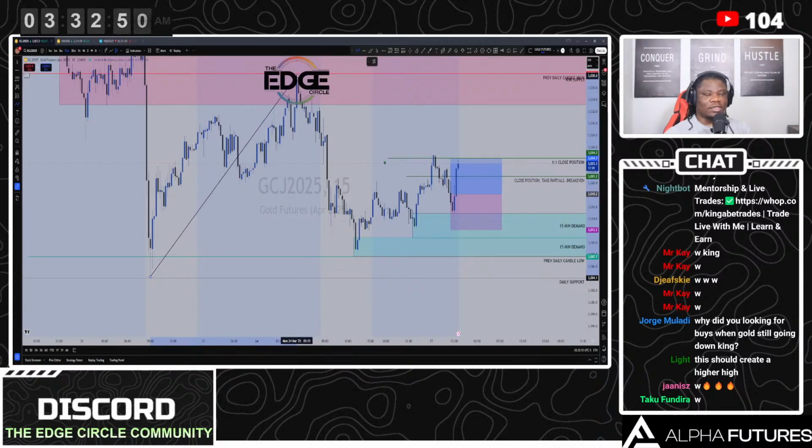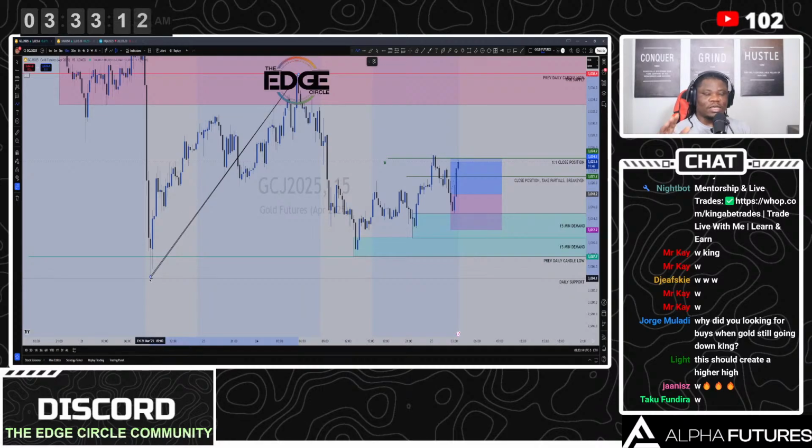Now, why is this a major high? This is a major high of this range because once we created this high, we came all the way down and price created the low at pretty much 3007.7, and this low is higher than this low.